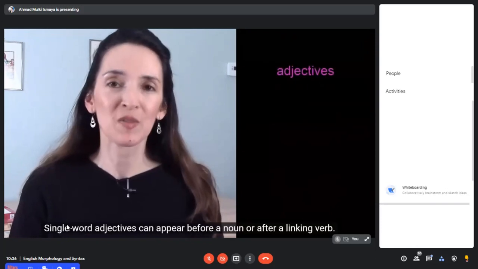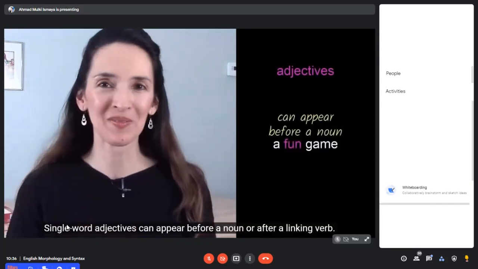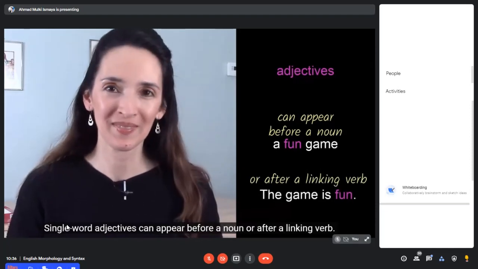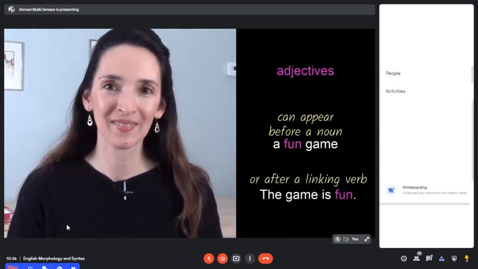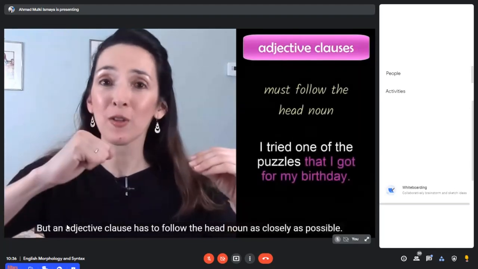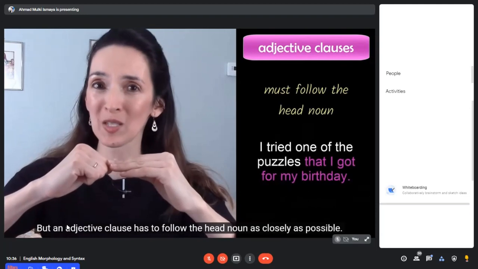Single word adjectives can appear before a noun or after a linking verb. But an adjective clause has to follow the head noun as closely as possible.